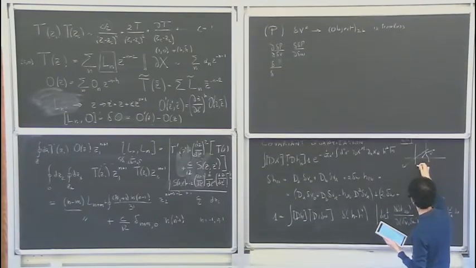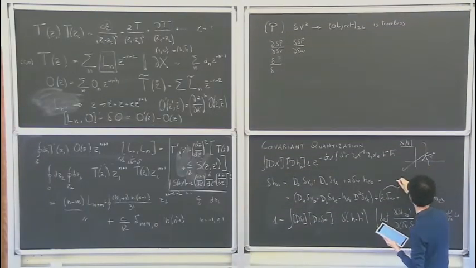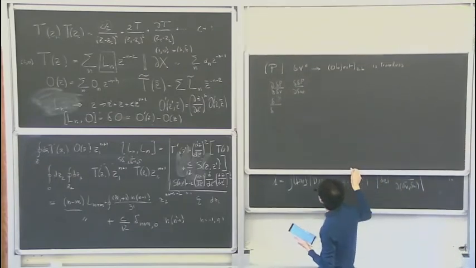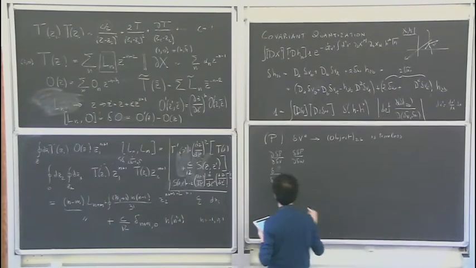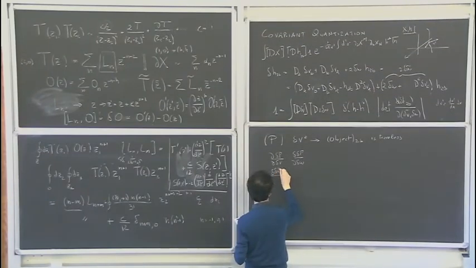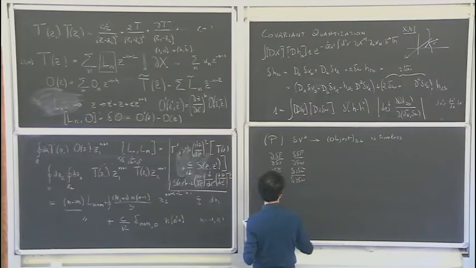Let me give a name to this object, omega tilde: omega tilde over dV, and here omega tilde over omega.